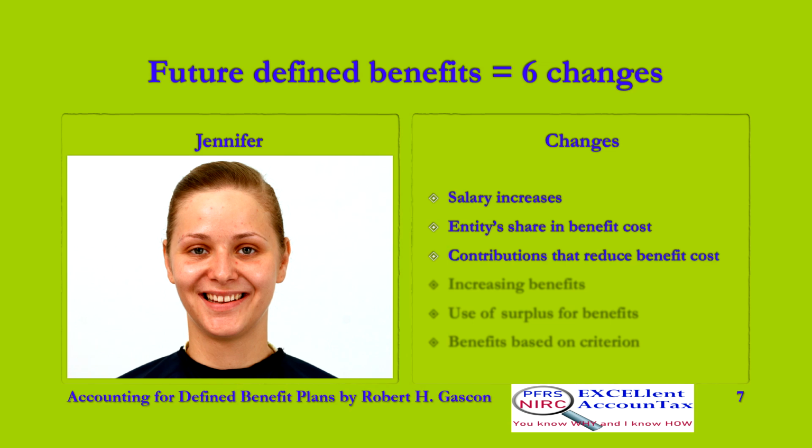Contributions by employees, or third parties, that reduce the ultimate cost to the reporting entity of defined benefits. History of increasing defined benefits, wherein absent any contrary evidence, any currently promised benefits are assumed to continue over the remaining working lives of employees.